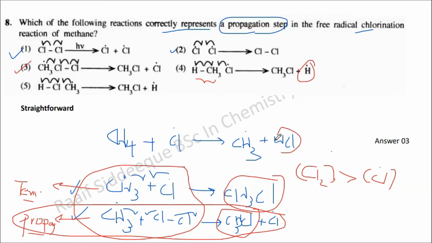It should form HCl. So this indicates a propagation, but not the correct one. And there is nothing like this. HCl, when it forms, is stronger, so it cannot be broken back again. Okay, I hope you get the entire point about this one.